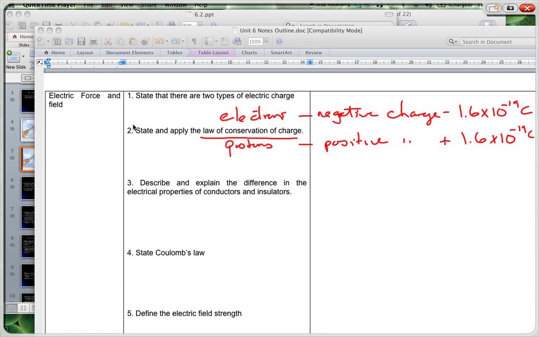So the total amount of charge in the universe seems to be constant. We'll see that in nuclear physics when we do that.